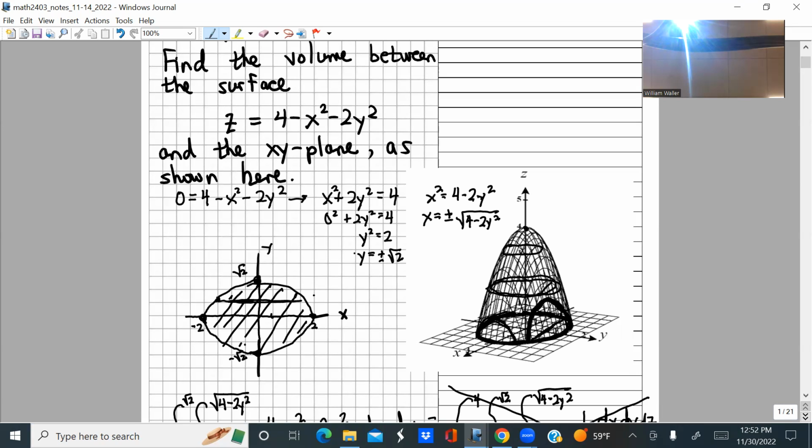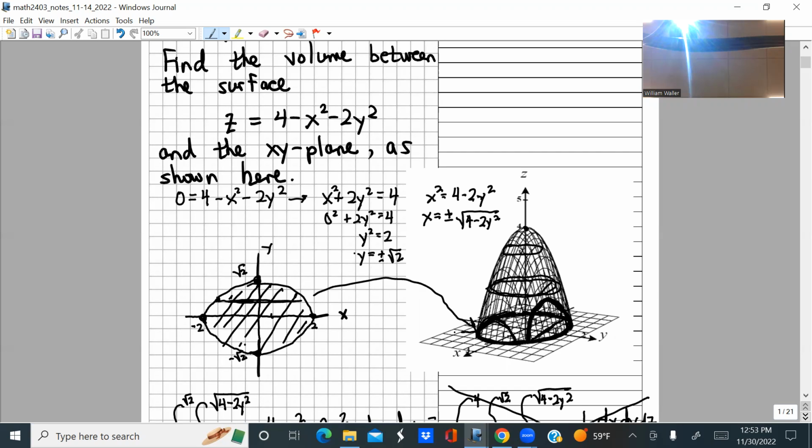So this picture is the same as this disk down in the XY plane. But that is the region in the XY plane above which lies the volume, right? The volume beneath this surface down to this region.